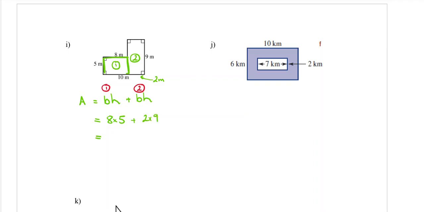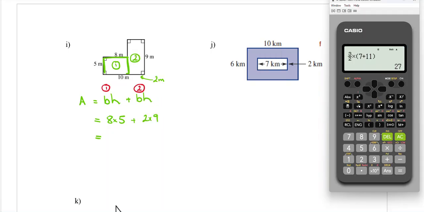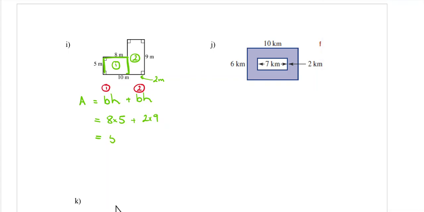You can put that whole thing into your calculator in one go so that we're still doing this question in 3 lines. 8 times 5 plus 2 times 9, and we get 58 meters squared.